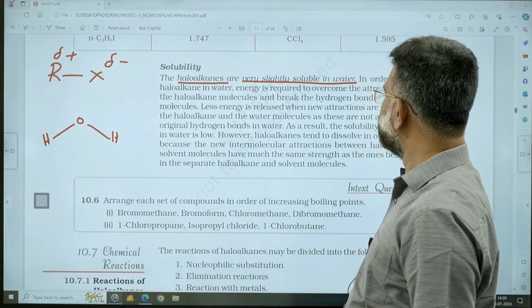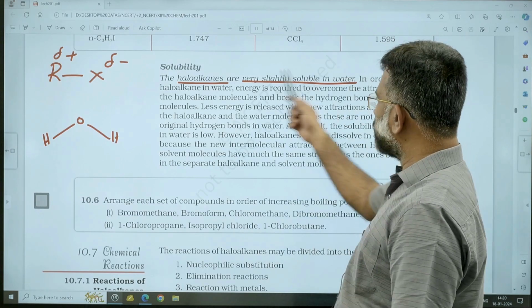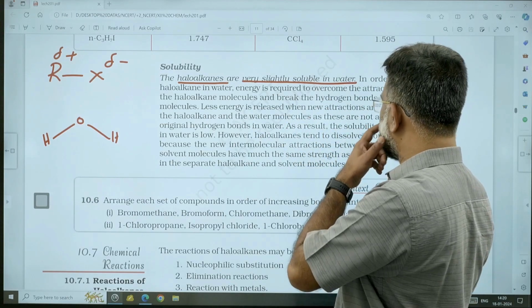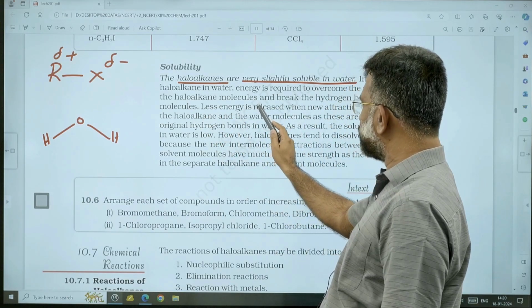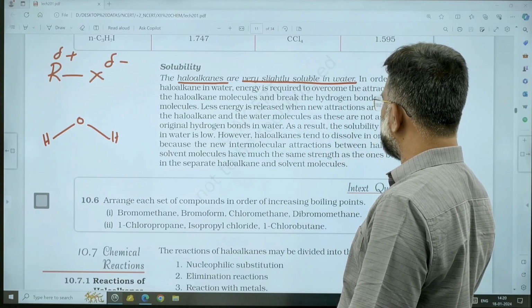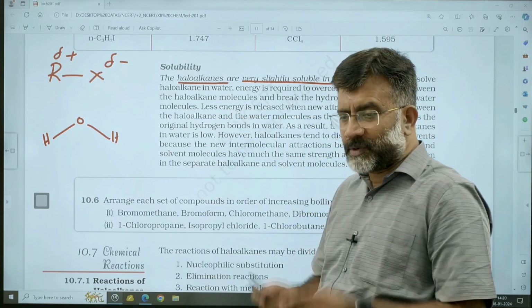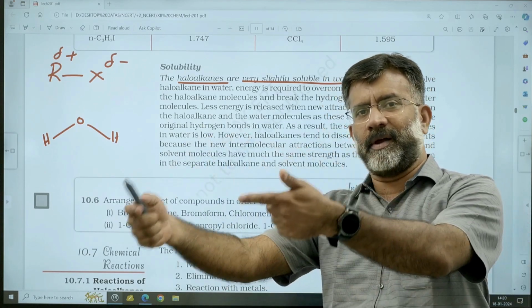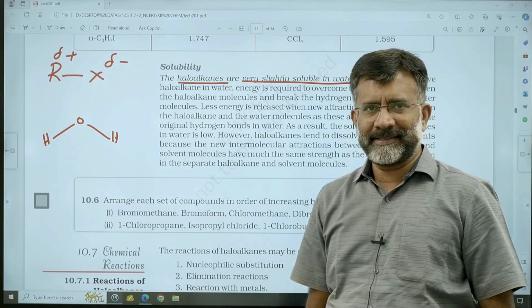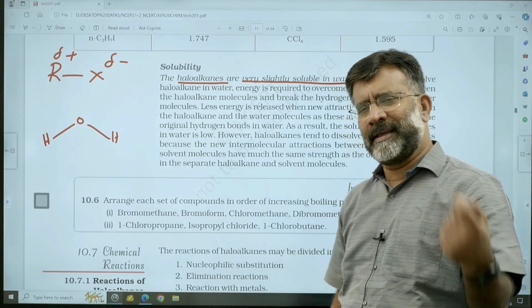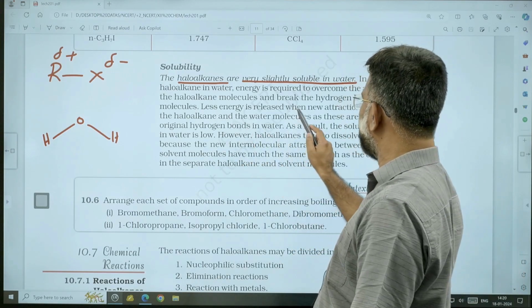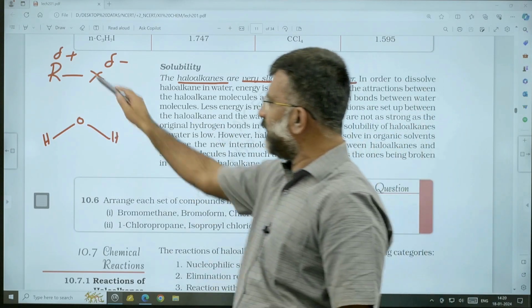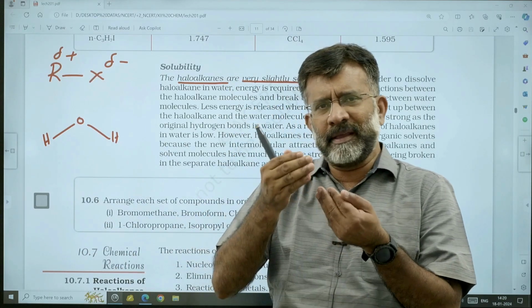To dissolve haloalkane in water, energy is required to overcome the attraction between haloalkane molecules and break the hydrogen bonds between water molecules. Then water and haloalkane molecules make an interaction, but it releases only a little energy when the new attractions are set up between haloalkane and water molecules.